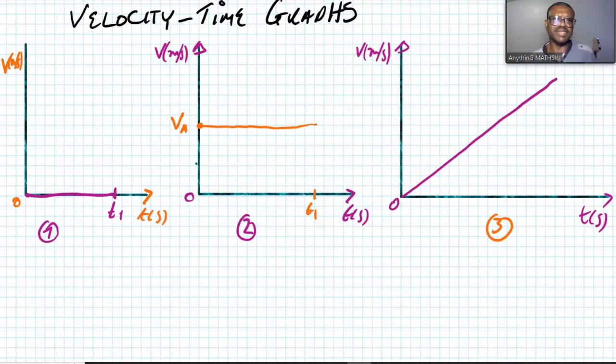We can see that the velocity is changing, and the change is constant, isn't it? But it's also over time. So change of velocity over time is what defines acceleration. It means when we find a gradient of a velocity time graph, that will represent acceleration. It's so important. I cannot stress this enough.